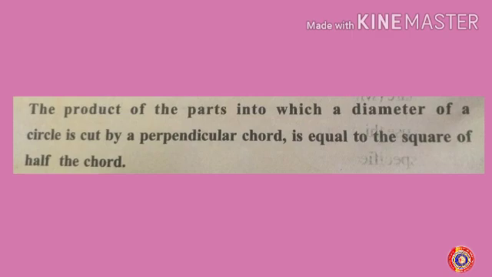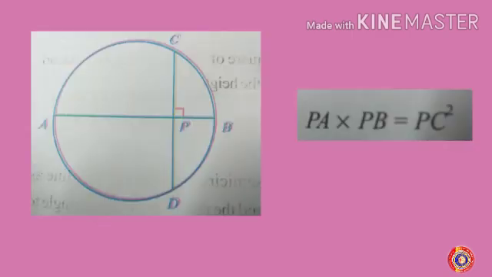The product of the parts into which a diameter of a circle is cut by a perpendicular chord is equal to the square of half the chord.